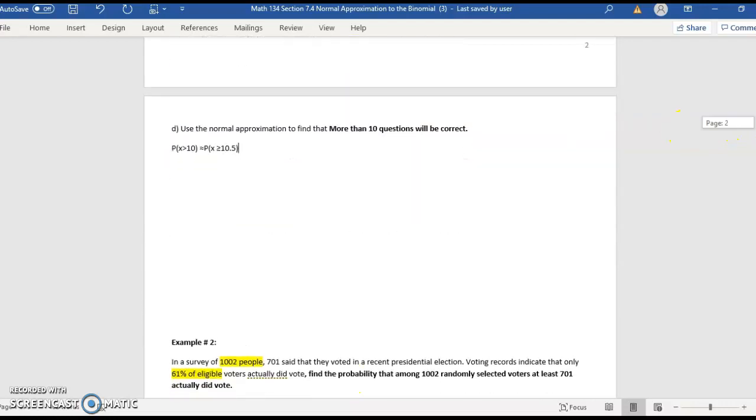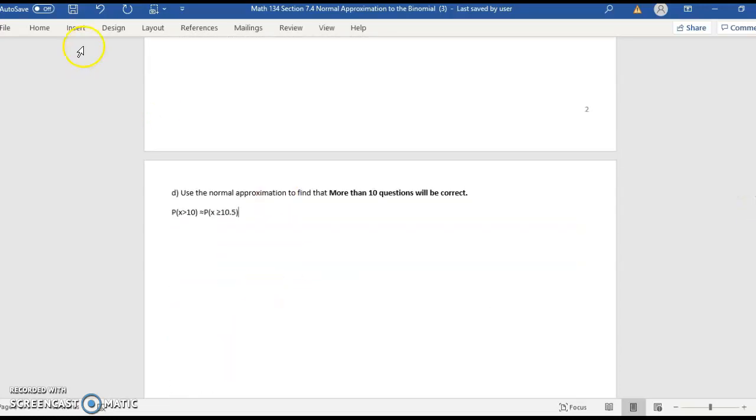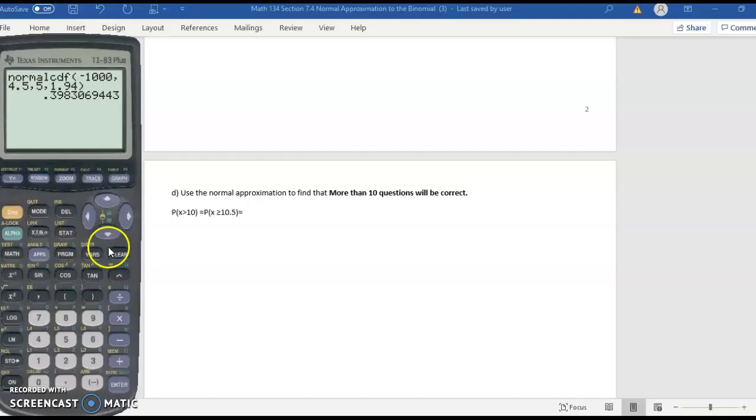So as we run the code, this is going to be approximately the following. You're going to be running the normal distribution, so number 2, from 10.5 to a very large value with the mean of 5 and the standard deviation of 1.94.